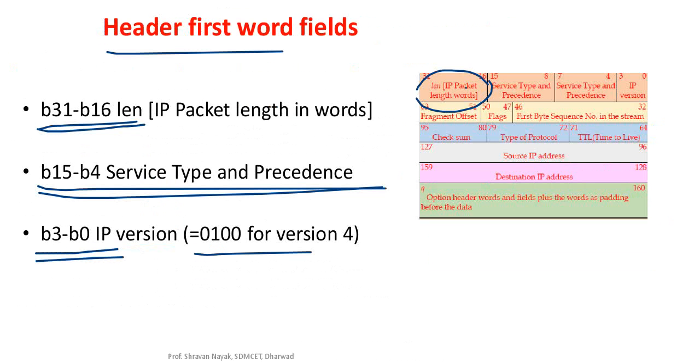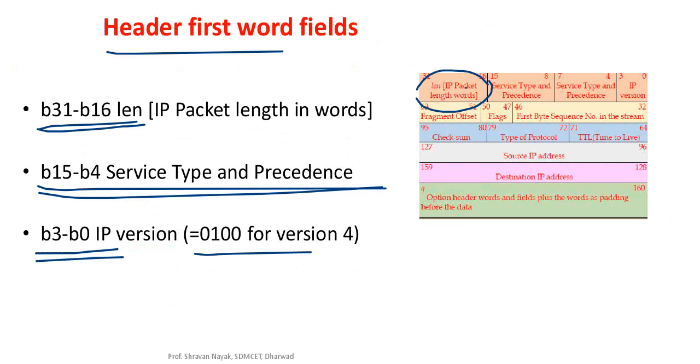We have seen the diagram of the data packet from the transportation layer, and the different fields in the data packets, from 0 to 64, which deal with the length of the packet, service type, precedence, then the version of the IP, fragmentation, flags, the sequence, checksum, the type of protocol, the time to live and other things.